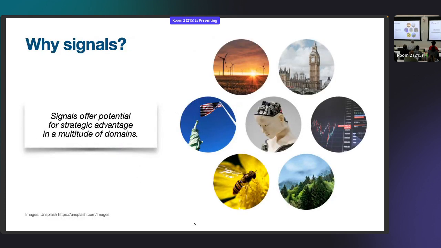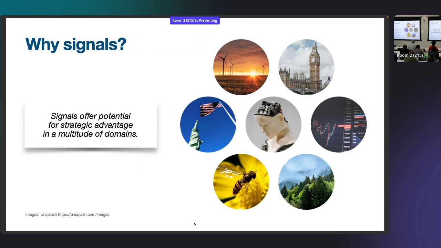So why signals? Signals offer potential for strategic advantage in a multitude of domains, from artificial intelligence to climate change, finance, or economics.